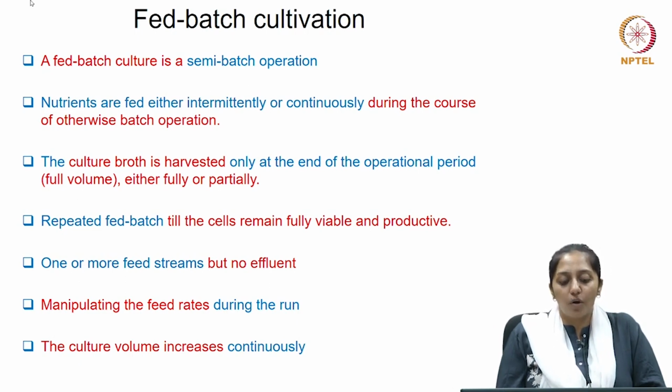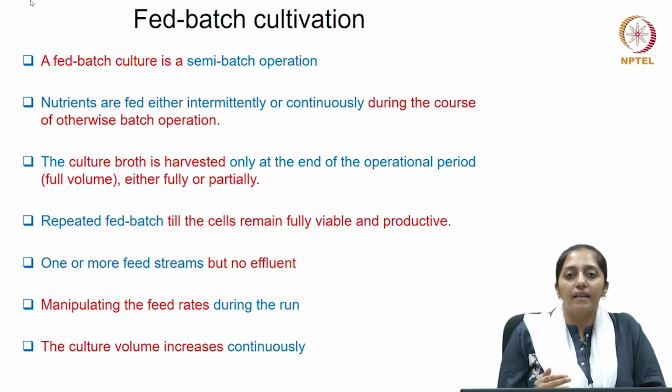Now the culture broth is harvested only at the end of the operation. And what is the end of the operation? Once the volume reaches the maximum volume possible in a reactor, which is nearly kept around 80% of the total volume of the reactor.